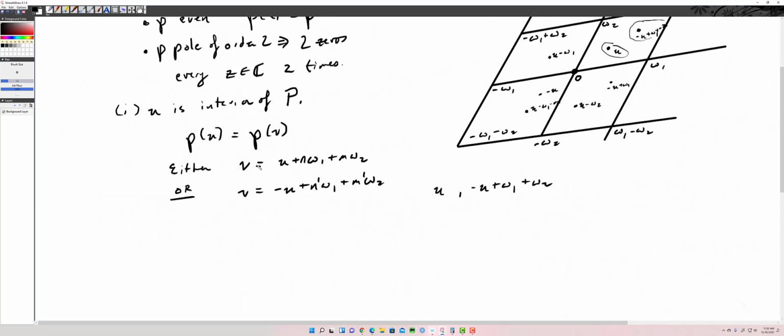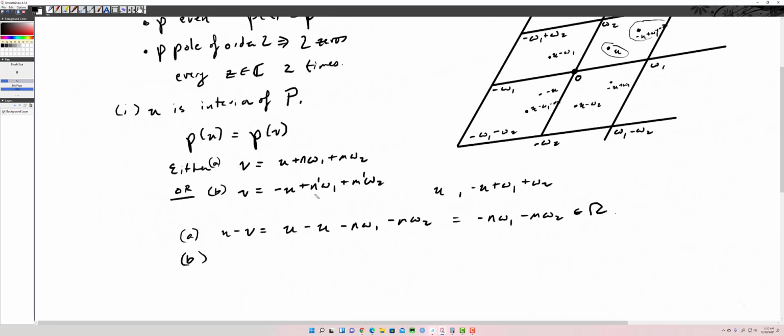Well, in this case, I'll call this A, and I'll call this B. In this case, u minus v equals u minus n omega 1 minus m omega 2, which is just minus n omega 1 minus m omega 2, which is clearly in the lattice, so it's a period.